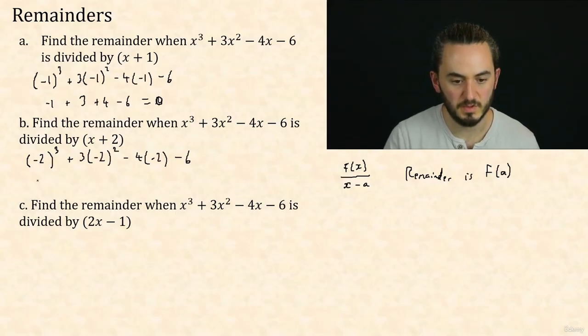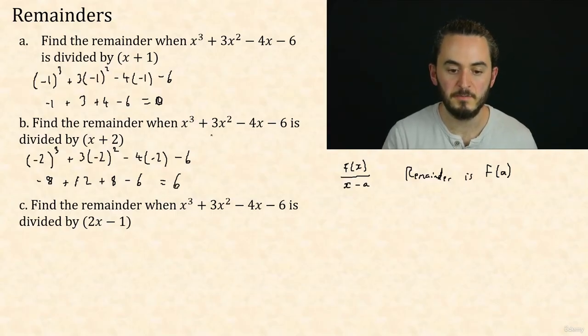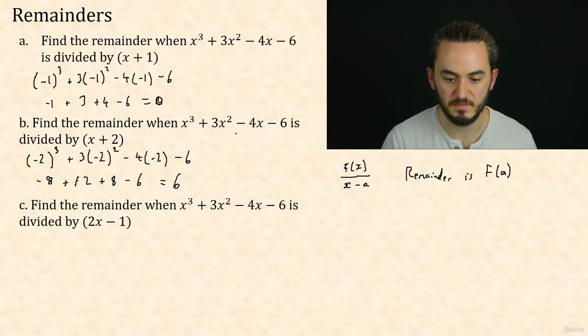And what does that get us? Minus 8, and then 3 times 4 is 12. And minus 4 times minus 2 is 8, and minus 6 is minus 6. Well, these two cancel, we get 6. So 6 is the remainder when you divide that by x plus 2. So x plus 2 is not a factor of this expression here.